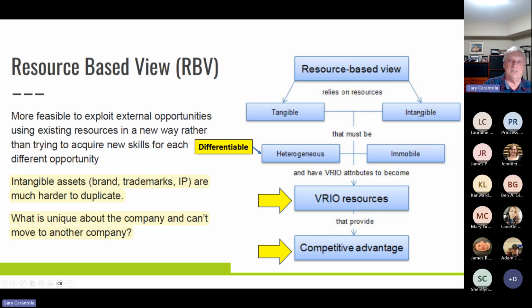Intangible, well, Honda and Toyota have exquisite brands that will keep customers going, and they'll sell their electric vehicles to them only because, hey, they've been brand loyal all their lives, right? And then the resources have to be unique, all right? Nobody can take that away from you. And what that becomes then is VRIO resources, and what that will give you is competitive advantage, right?